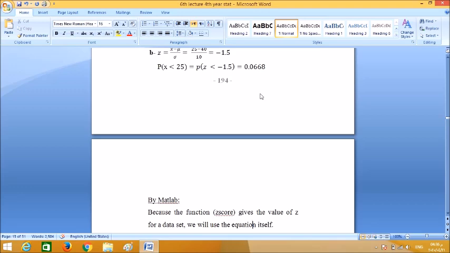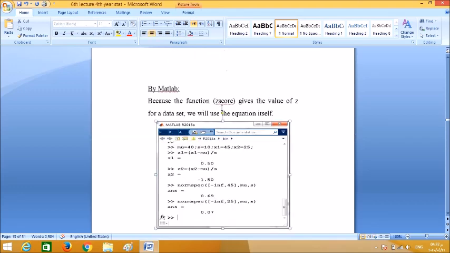we will use the z score if we want to compute by hand. So z1 equals x1 minus mu divided by s, where x1 equals 45 and mu equals 40 and s equals 10, like this.